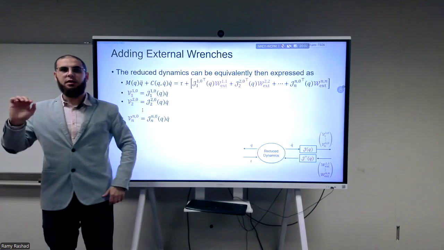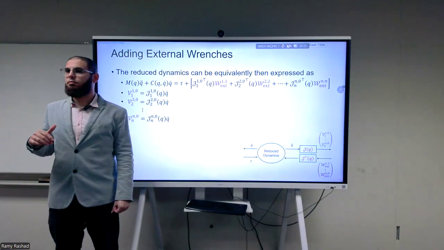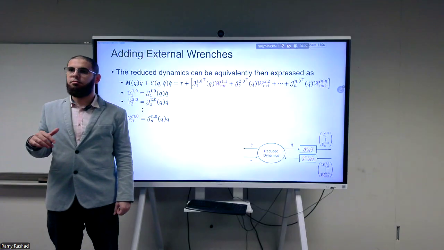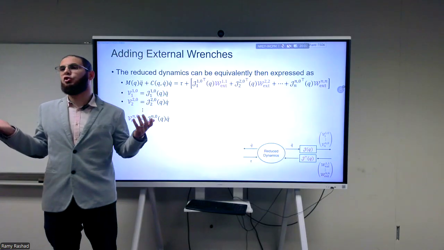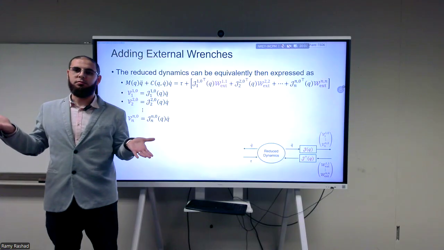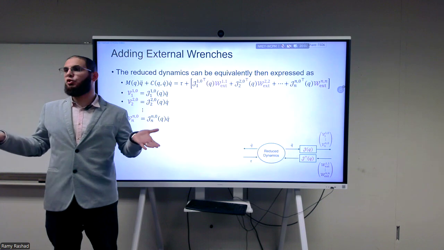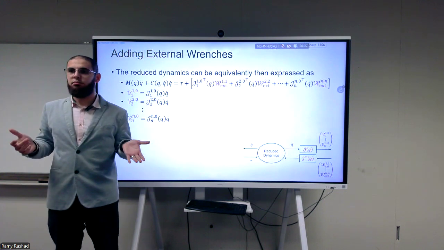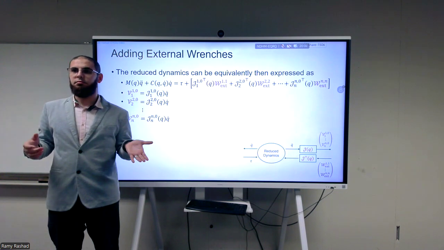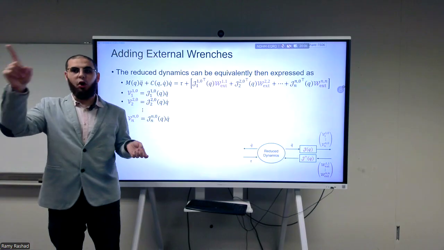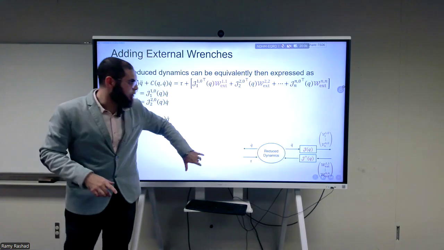Just some caveats. What is the wrench due to gravity? You've never thought about a wrench due to gravity. You only know about forces due to gravity. So what is the force due to gravity? Exactly. Only at the center of mass can you talk about this.